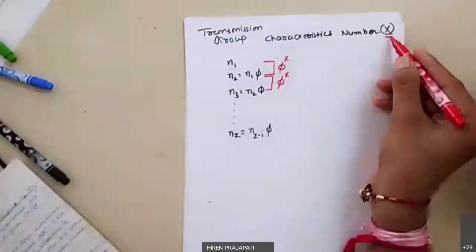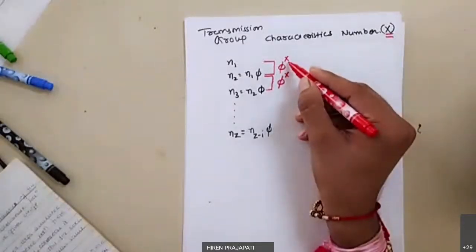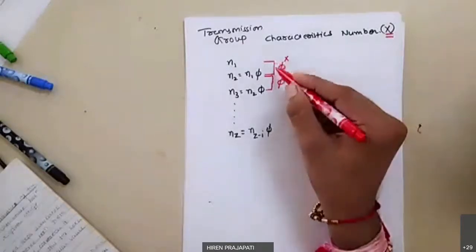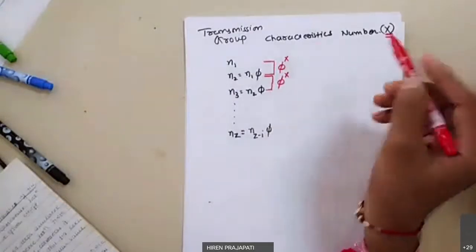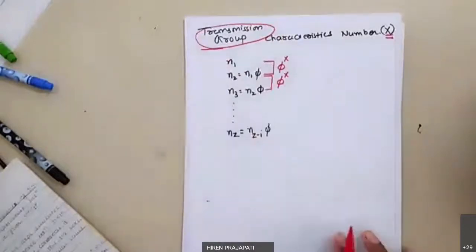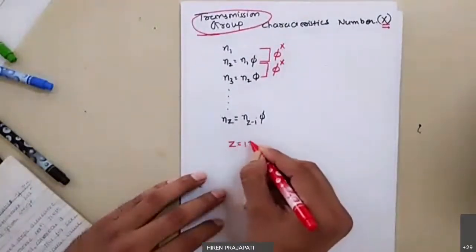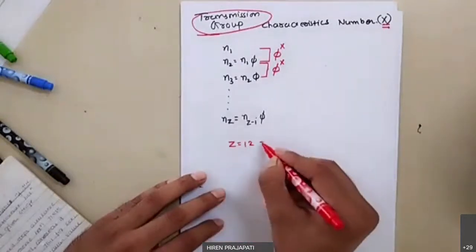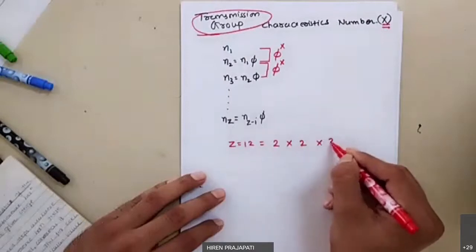So this X stands for the power of geometric progression constant between two successive speeds. But now this power is for a particular transmission group. Again, if we take the same example of 12 speeds, we go for 2, 2, 3.